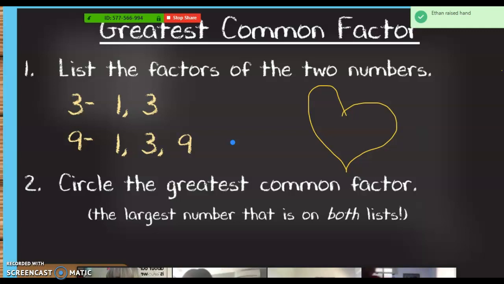Those are the factors of 9. Those are the numbers that we can multiply together to get the product that is 9. We multiply 1 times 9 to get 9. We multiply 3 times 3 to get 9. What is the greatest common factor for these 2 numbers? It's 3.